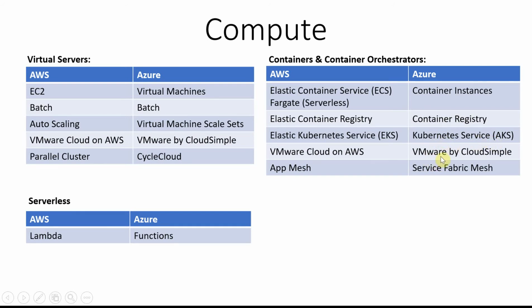Then VMware by CloudSimple again, and for mesh purposes, it is Service Fabric Mesh. On the serverless side, it is Functions, which is equal to Lambdas on the AWS side.